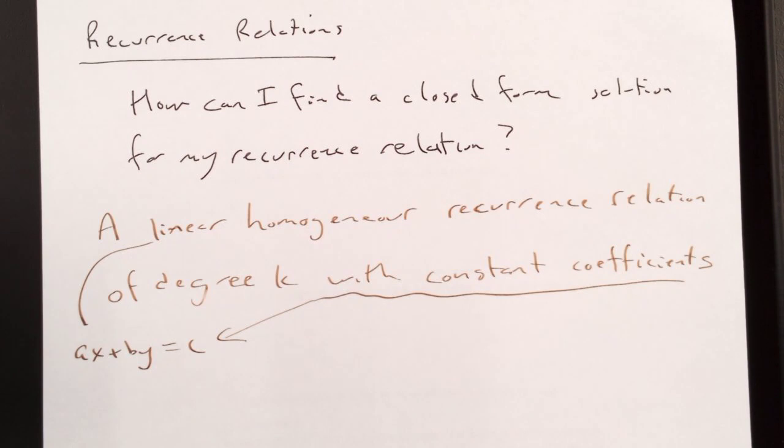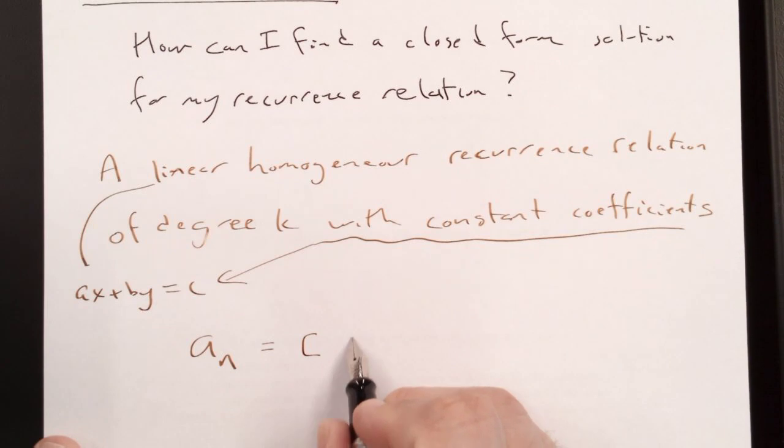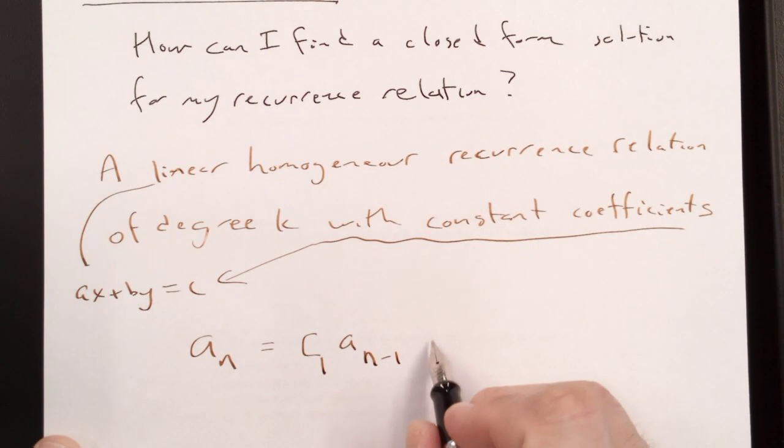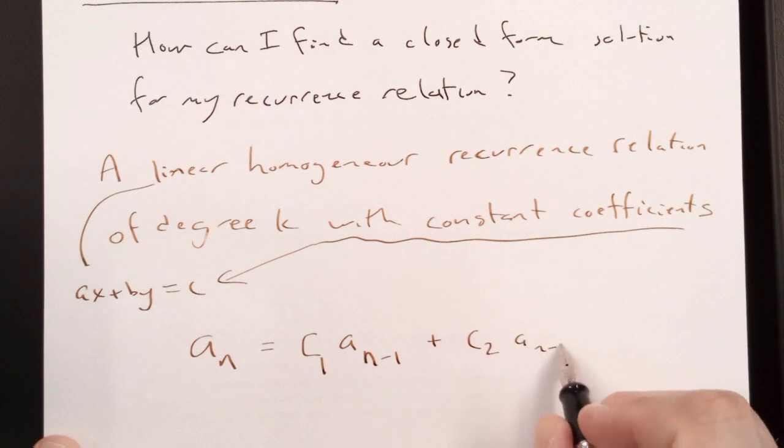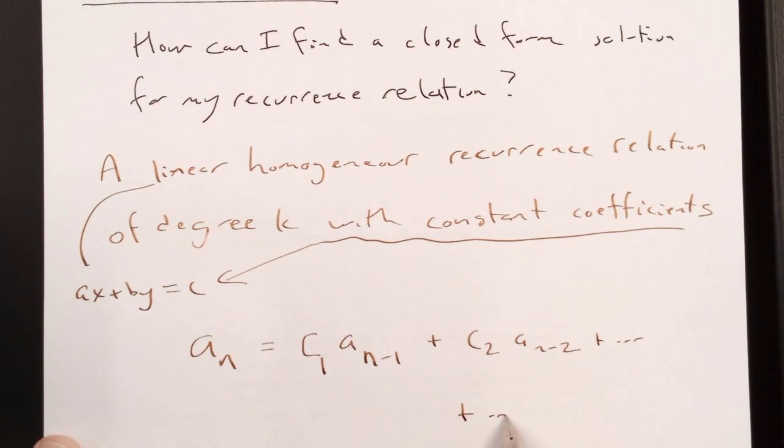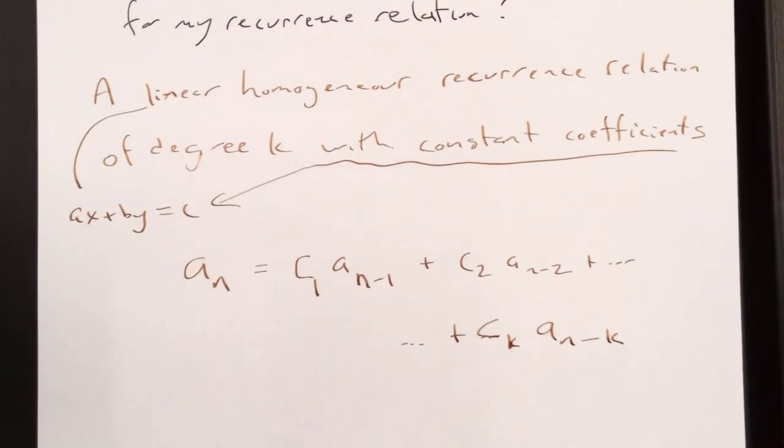So I'm thinking of something where I have my nth term, a_n. Like we did back in chapter 2, I'm going to define this in terms of the previous ones. Subscripts here are just placekeepers.